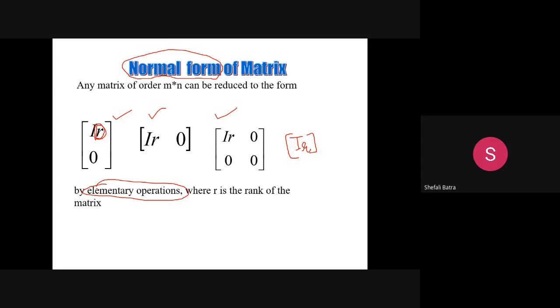Similarly, in the Gauss-Jordan method, to find the inverse of a matrix, I have told you to use only elementary row operation. But in normal form, you can use elementary row operation as well as elementary column operations. So using elementary operations, you convert the given matrix into either of these normal forms, and then r gives you the rank of the given matrix.